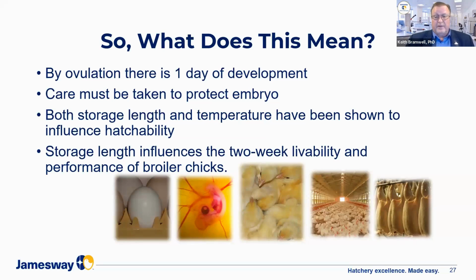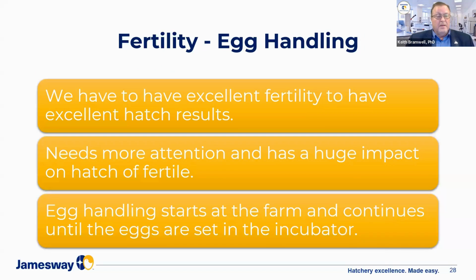And a number of factors will affect that. So fertility, egg handling. I'm not going to talk about that here, but egg handling starts at the farm and continues until the eggs are set in the incubator. That's essentially everything that happens from the time that egg is laid. If it's stored at the farm for several days before it goes to the hatchery, that all counts.